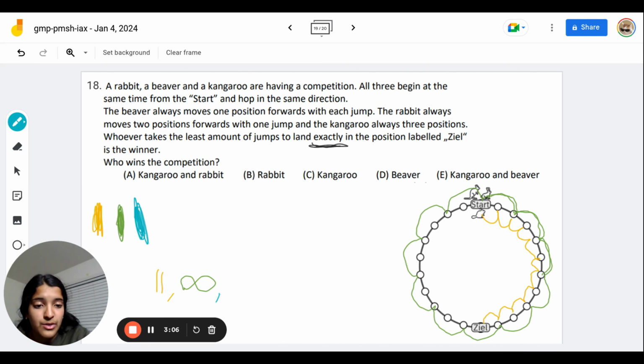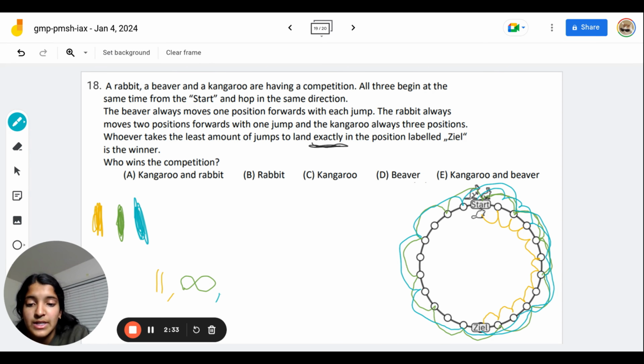So let's look at the kangaroo. The kangaroo has 3 per jump. So that's 1, 2, 3 in 1 jump. So 2, 3, 4, 5, 6, 7, 8, 9, 10, 11.